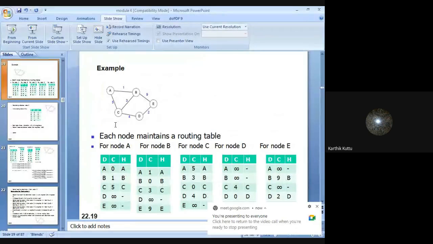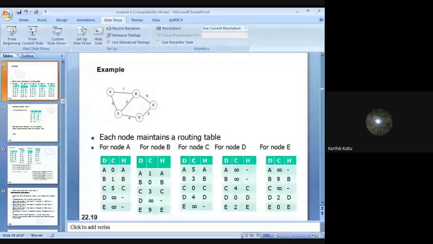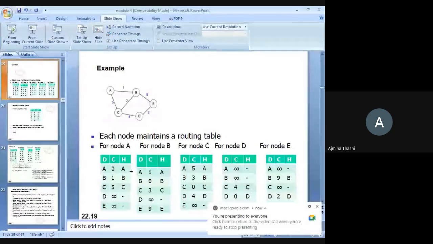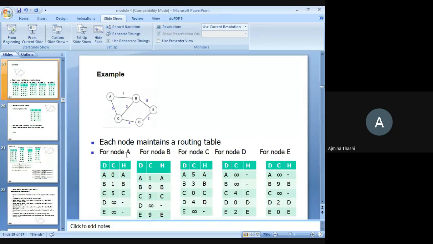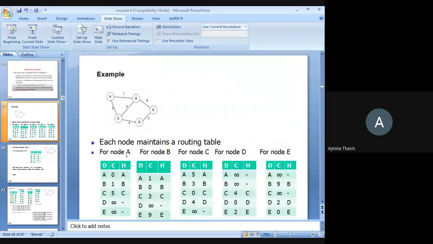Take this example. You can see the slides. Yes. This example actually I have explained to you in the beginning, like how the distance vector routing algorithm works, and I have told only for one node. So you have to find it for the remaining nodes and get me the answer. So you can just take down the question, this network.